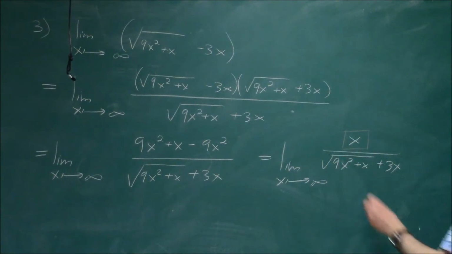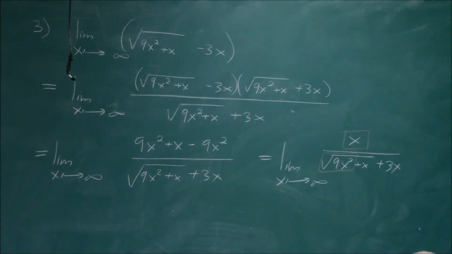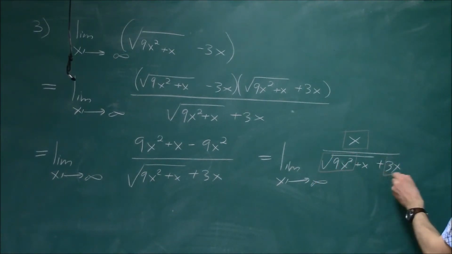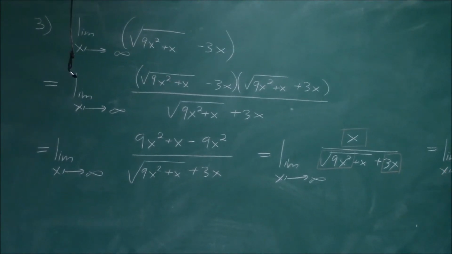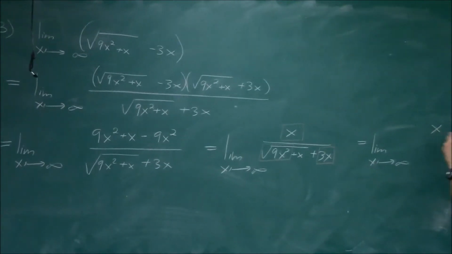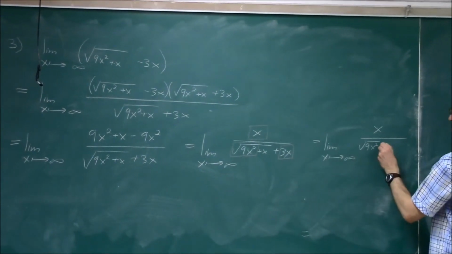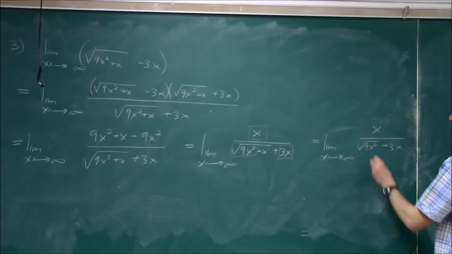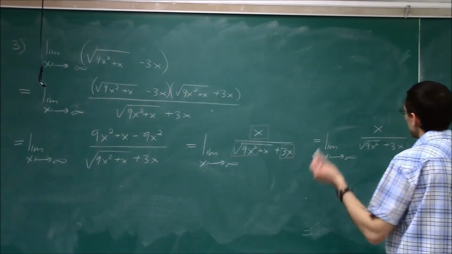In the denominator, we box the leading power, which is root of 9x squared, but also 3x. Don't forget about it. So this is the same as the limit as x goes to infinity of x over root of 9x squared plus 3x. Now root of 9x squared is just 3x.